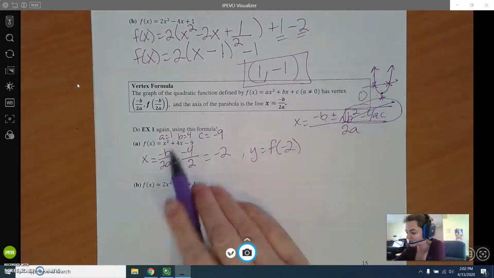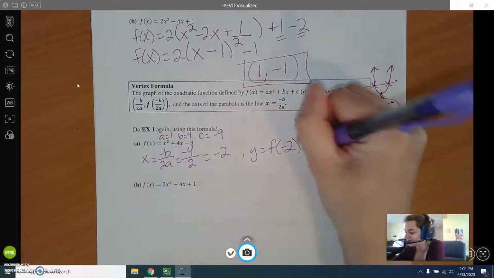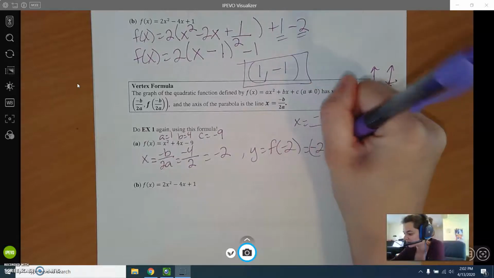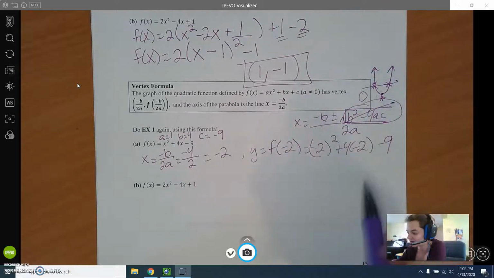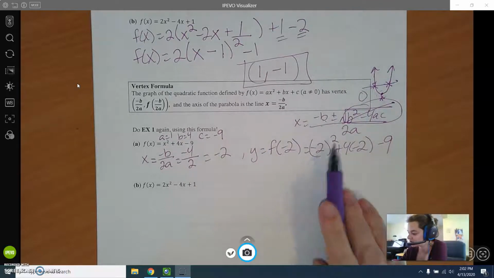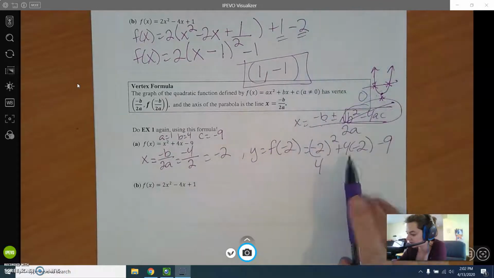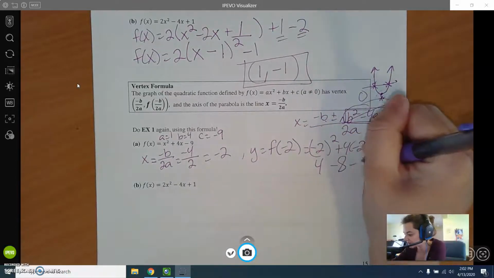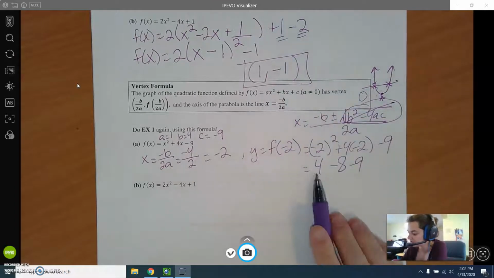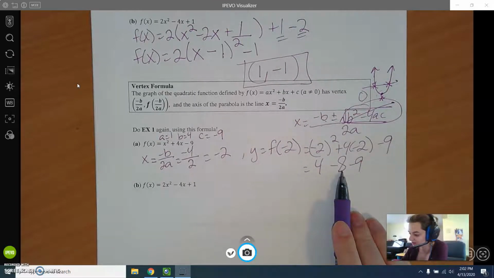You're just going to substitute it back into the equation. So that would be (-2) squared plus 4 times -2 minus 9. So let's see, (-2) squared is +4. 4 times -2 is -8. And we also have a minus 9. 4 minus 8 is -4.